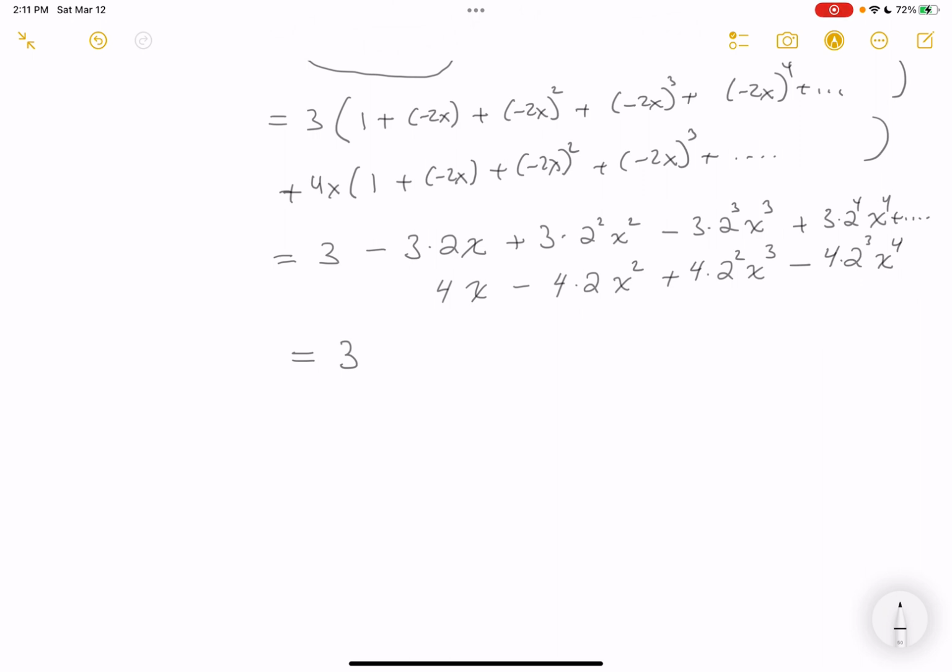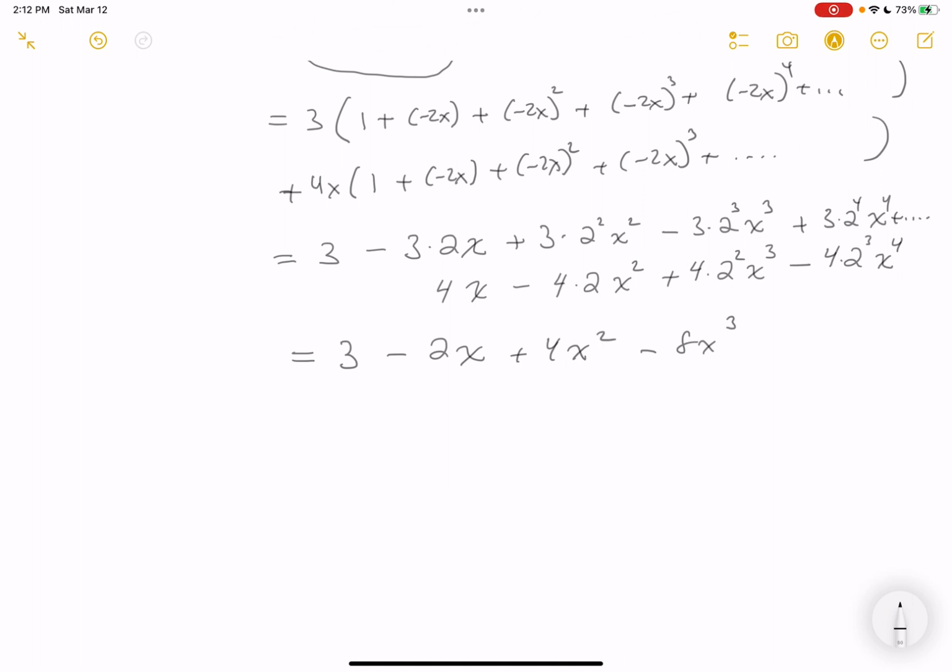That's minus 6 plus 4, which is minus 2x. Well, this is arithmetic, right? So you get 3 times 4 is 12, minus 8, which is plus 4, x squared. And you get here minus 24 and 16, which would be minus 8x cubed.